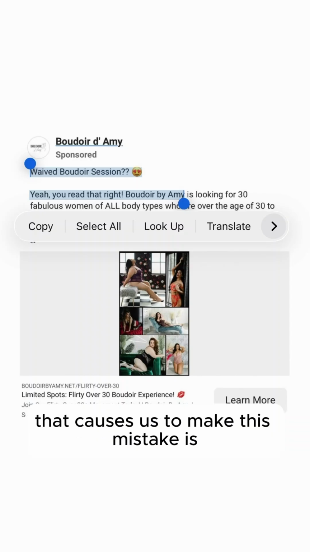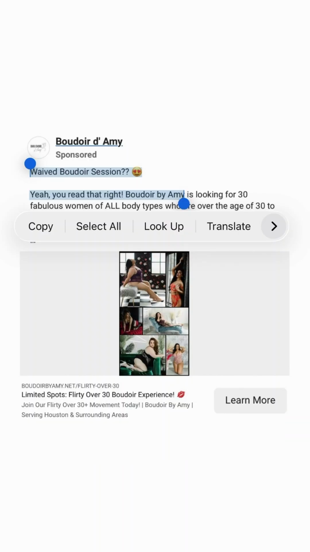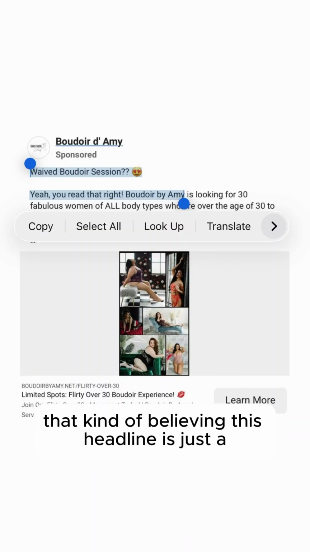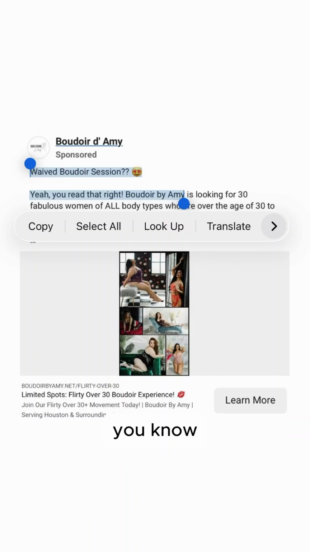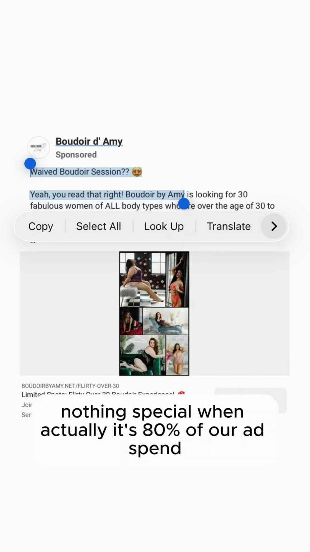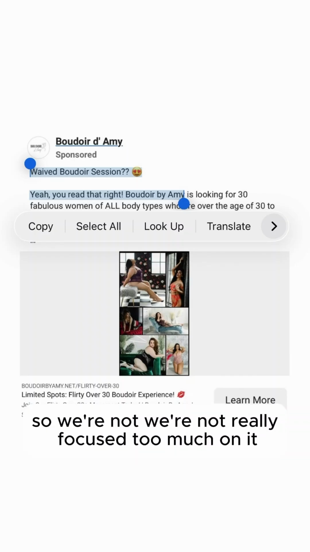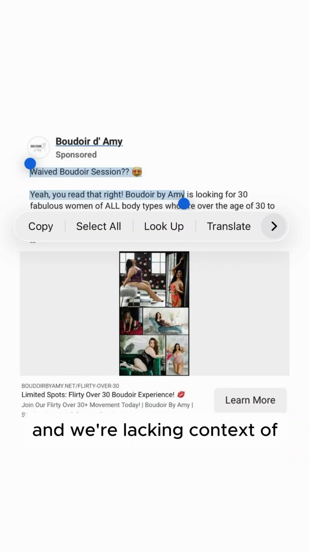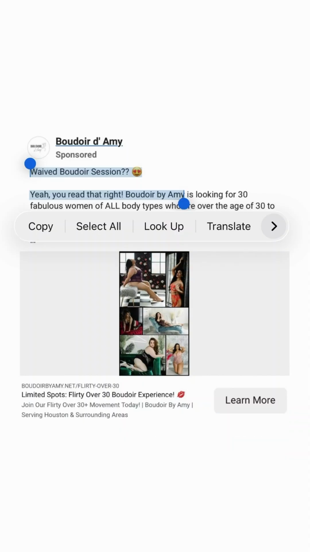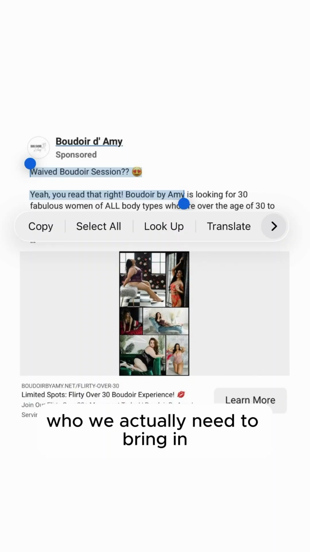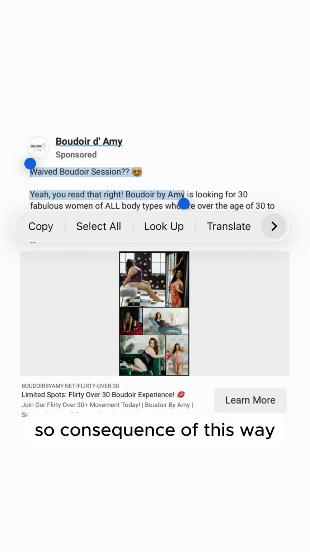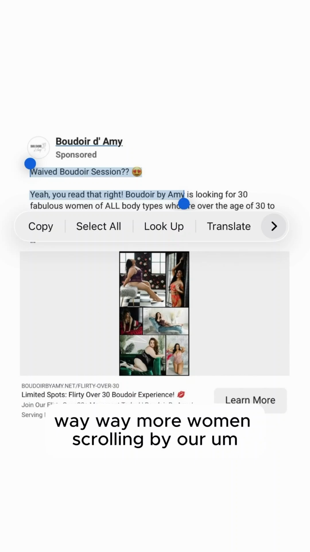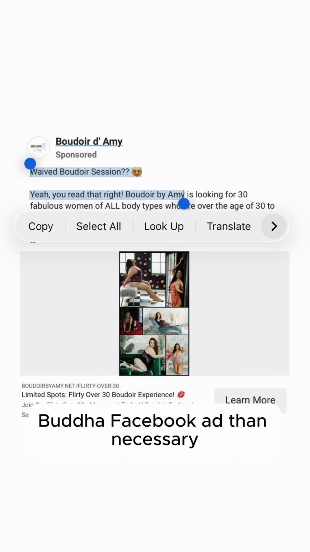And the false belief that causes us to make this mistake is that we believe this headline is nothing special, when actually it's 80% of our ad spend. So we're not really focused too much on it, and we're lacking context of who we actually need to bring in. So the consequence of this: way more women scrolling by our Boudoir Facebook ad than necessary.